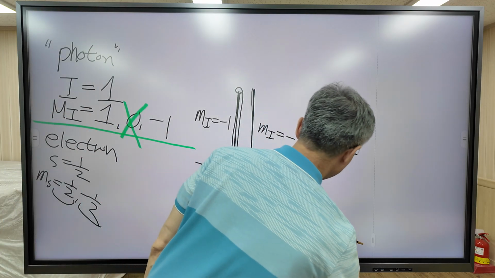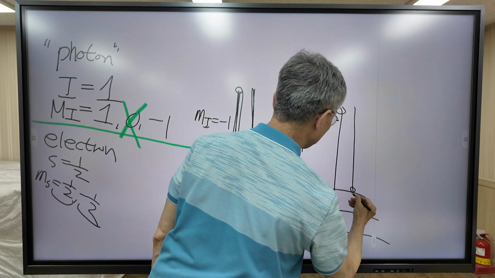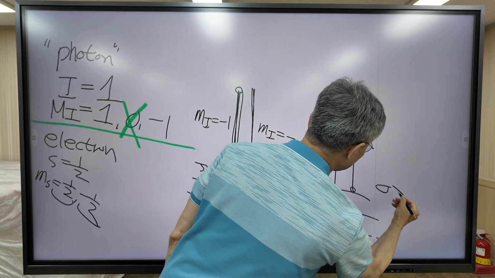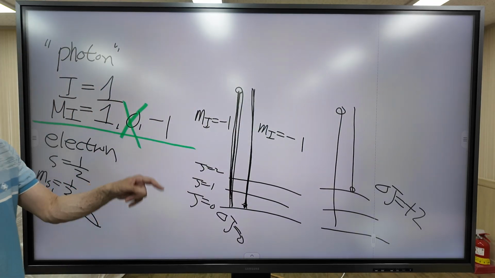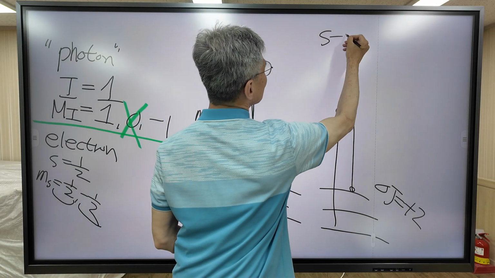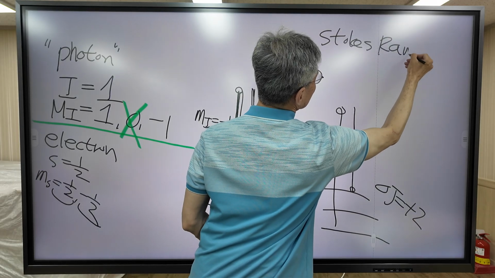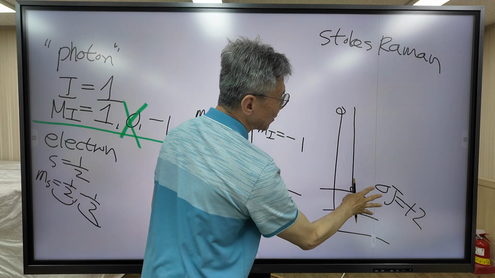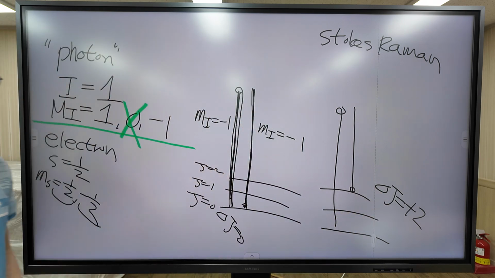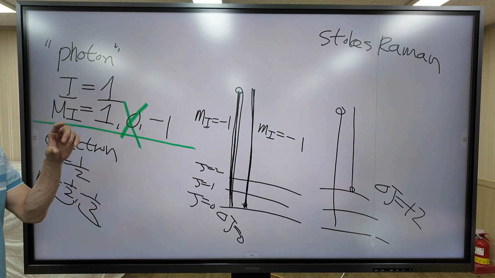Now, what happens in this case? In this case, delta J equal plus 2. This process is called Stokes-Raman scattering. In this case, the molecular angular momentum increased by 2. So photon's angular momentum decreased by 2.